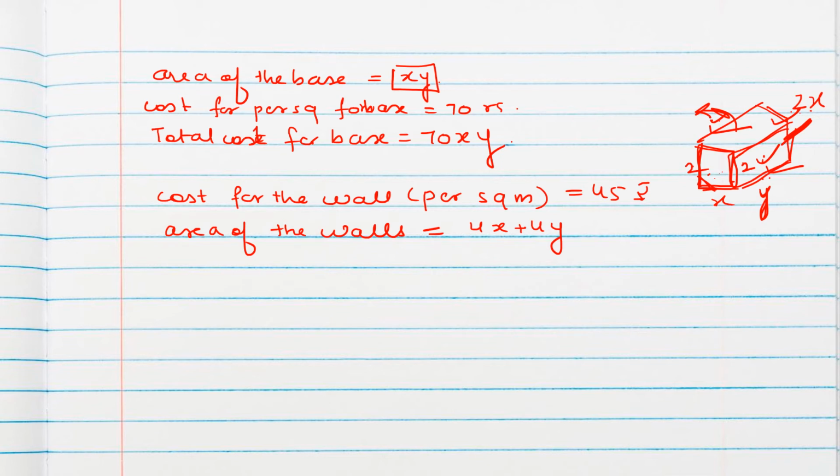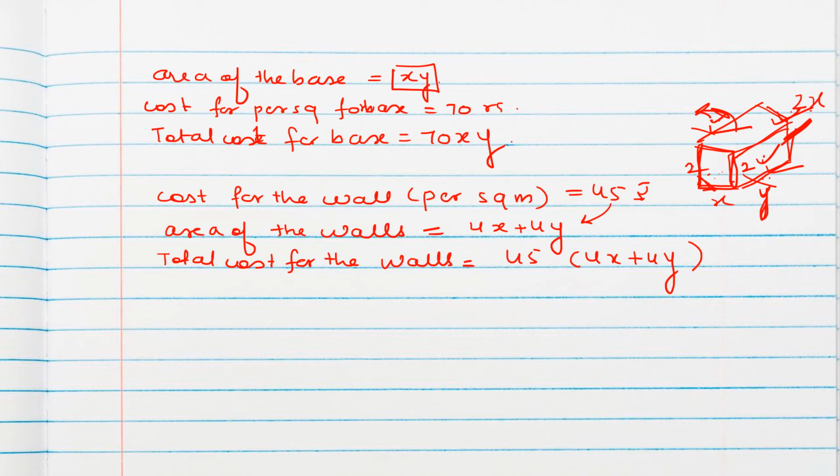So 2 into x plus 2 into x plus 2 into y plus 2 into y will give this. After simplification, 4x plus 4y. Then the total cost for the walls will be what? This into this: 45 into 4x plus 4y.